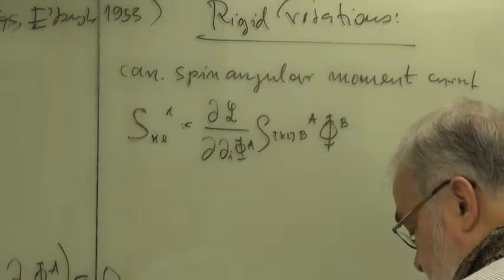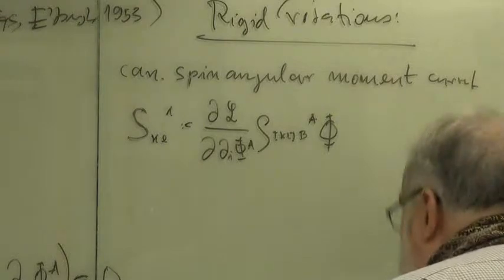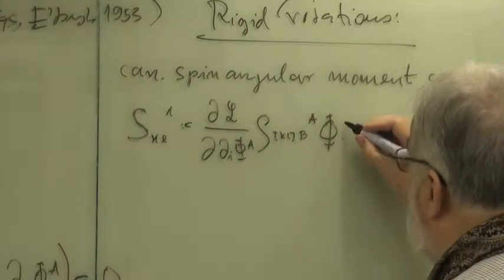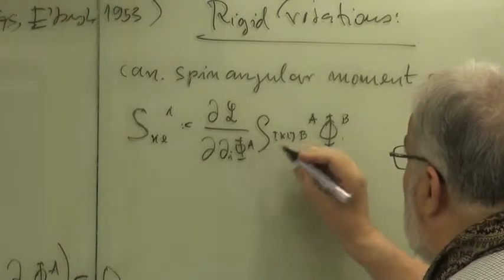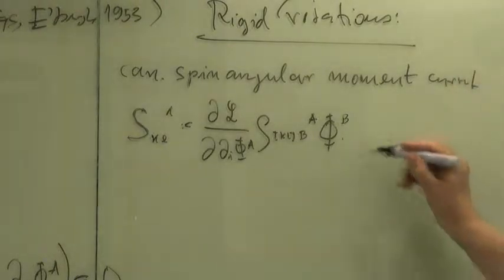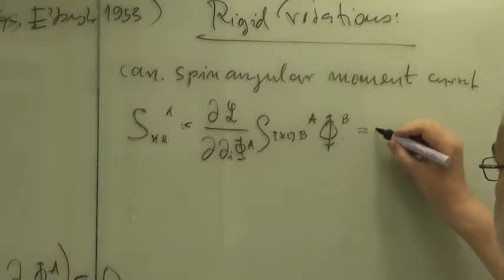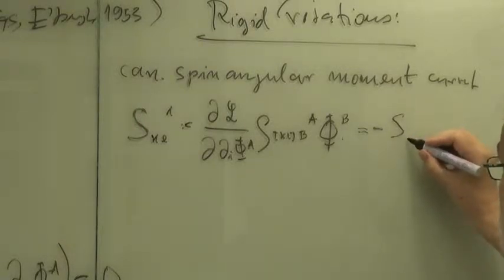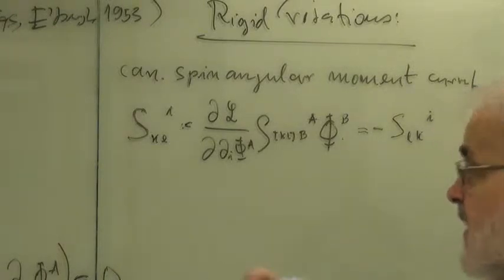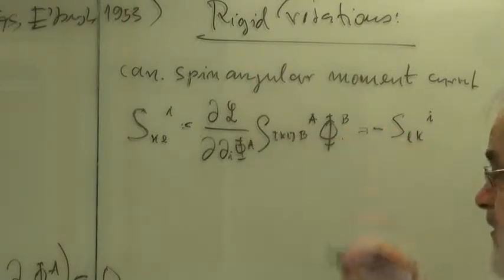And this is anti-symmetric because these are rotations, so that's minus S l k i.